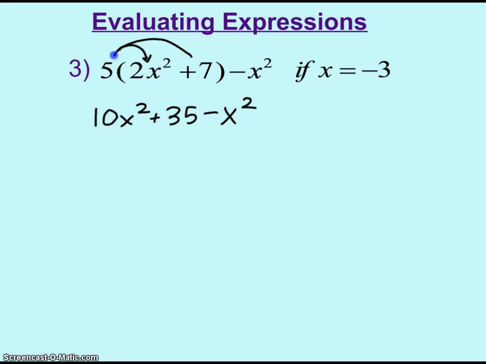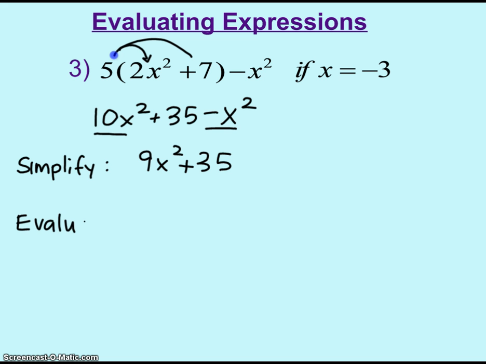I have 10x squared minus x squared. These two are like terms. 10 minus 1 is 9x squared plus 35. Okay, that was simplified. Now let's evaluate. And when we evaluate, we're going to take -3 and plug it in for x.